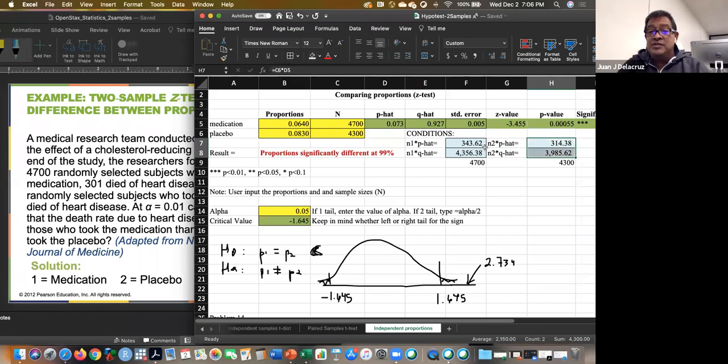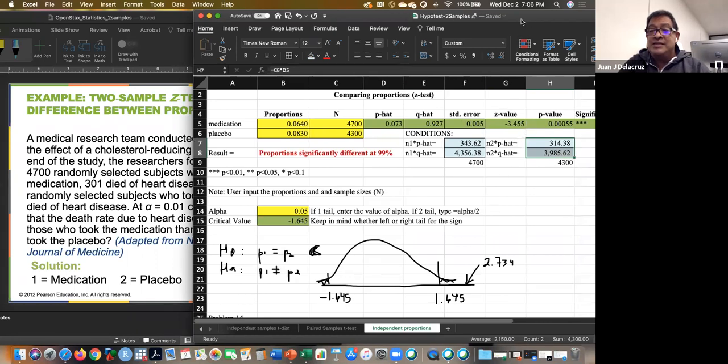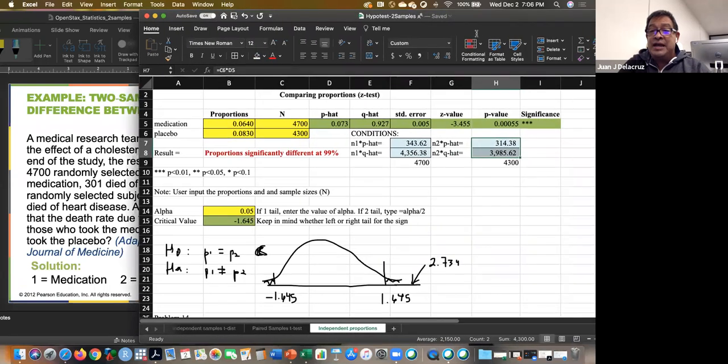Because these numbers are greater than 5, I computed the standard error, and I have a z-value of -3.55. So once again, do I care for that? Probably not, because my p-value is extremely low. It's extremely low. So in this case, I have 3 stars.